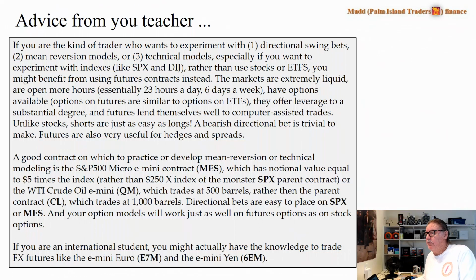The markets are extremely liquid, are open more hours, essentially 23 hours a day, 6 days a week, have options available if you want to trade options. Options on futures are similar to options on ETFs. They offer leverage to a substantial degree, and futures lend themselves well to computer-assisted trading.